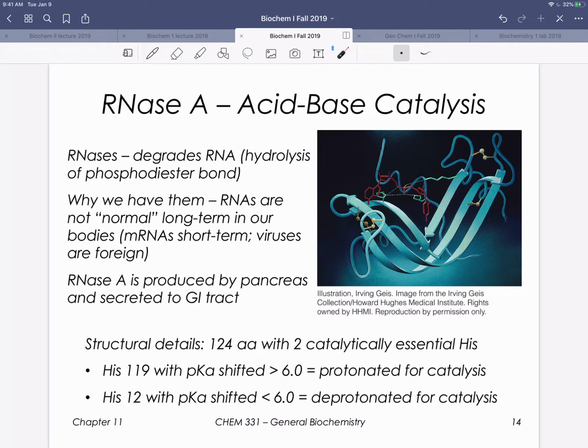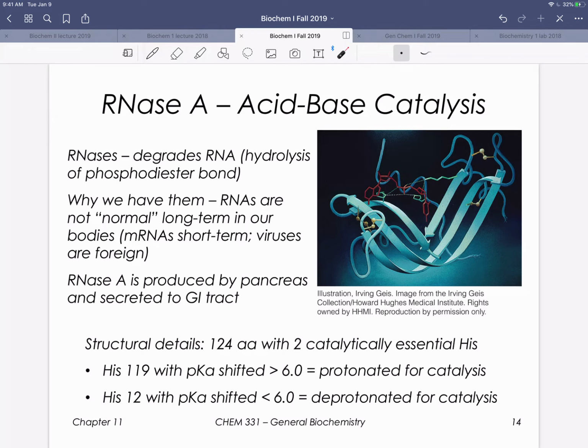So RNase A is produced by your pancreas, again secreted in the gastrointestinal tract. That kind of helps with maybe viruses that are in your GI tract. But we also talked about the fact that you've got lots of RNases on your hands. And again, your hands are always in touch with the external environment, trying to make sure that we protect ourselves from foreign things like viruses.